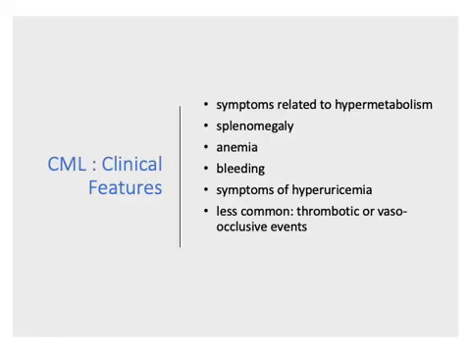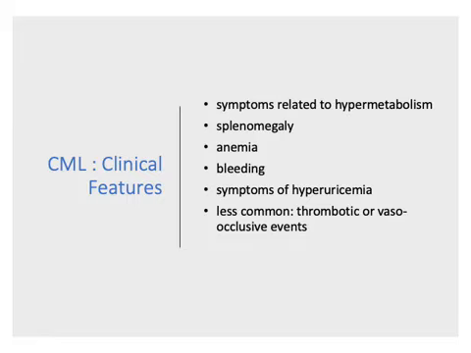CML occurs in either sex, most frequently between the ages of 40 and 60 years. However, it may occur in children and neonates as well as in the very old. In up to 50% of cases, the diagnosis is made incidentally from a routine blood count.